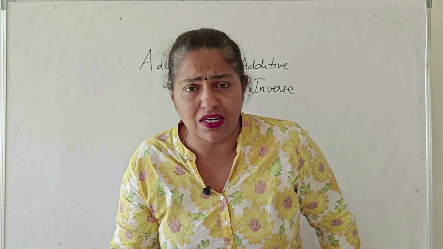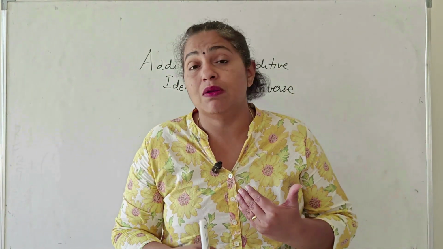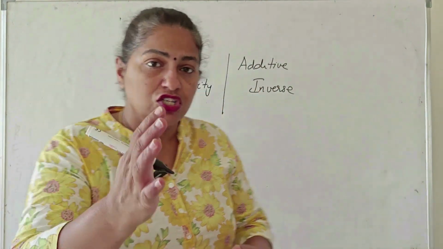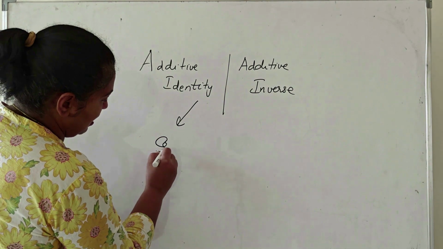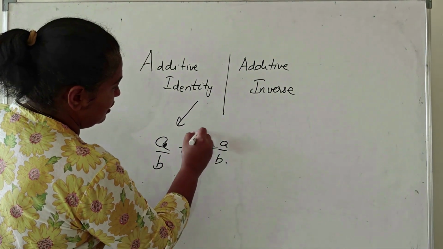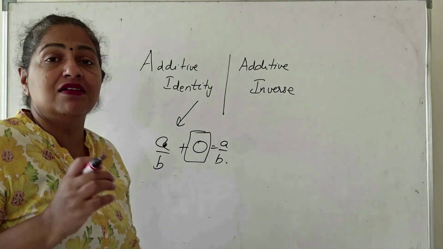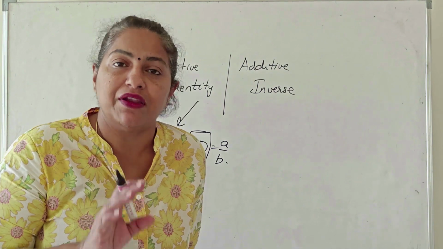There is no other number that we can add to an existing number, so that there will be no change in the answer. So if a by b is a rational number, and if you are adding 0 to it, you get back a by b. So you can say that 0 is an additive identity for rational numbers.